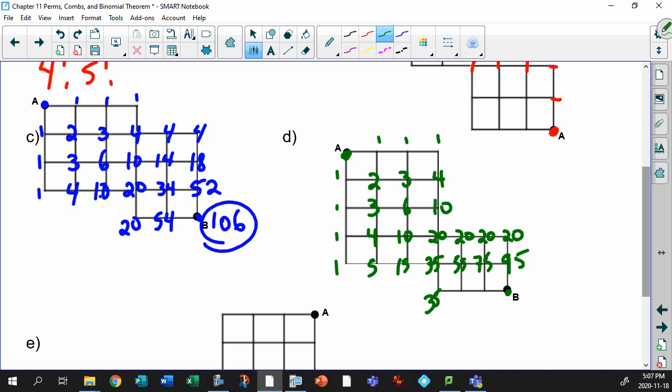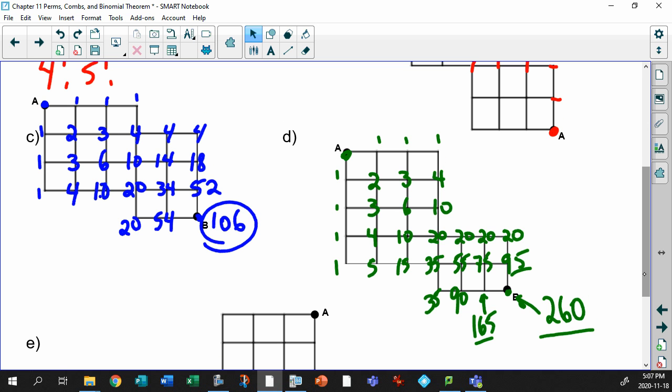Perfect. Now, here we go. This is 55, right? 55 and 35 makes 90 here. 90 and 75 makes this guy 165. And 165 and 95 make this 260 pathways to get from A to B on that one.